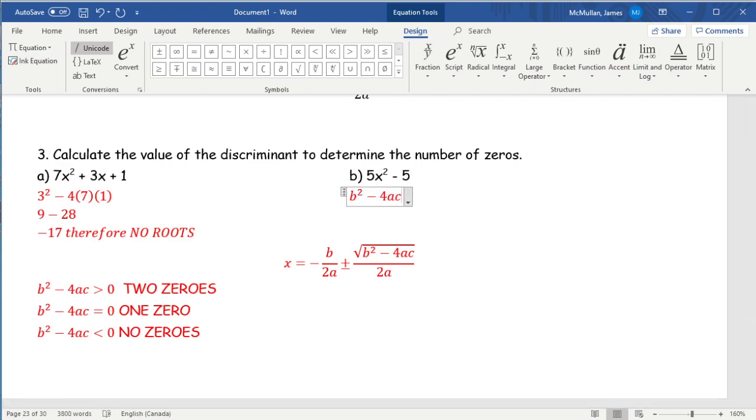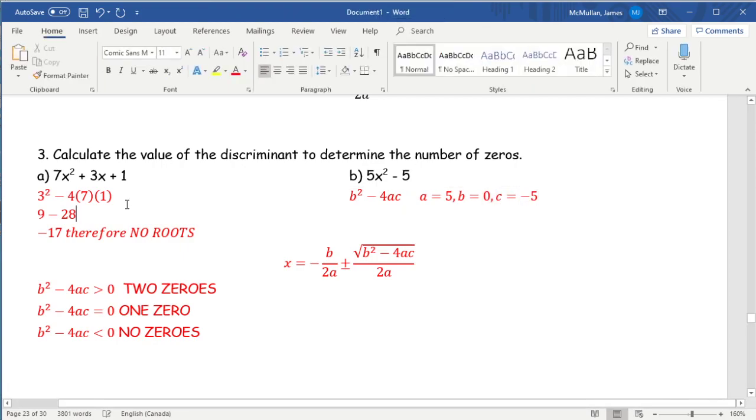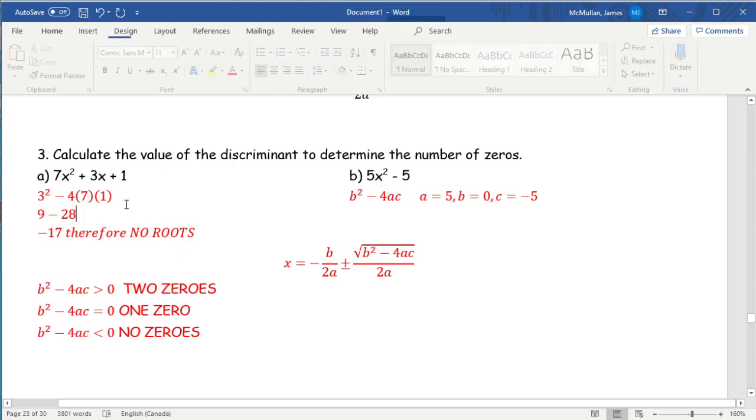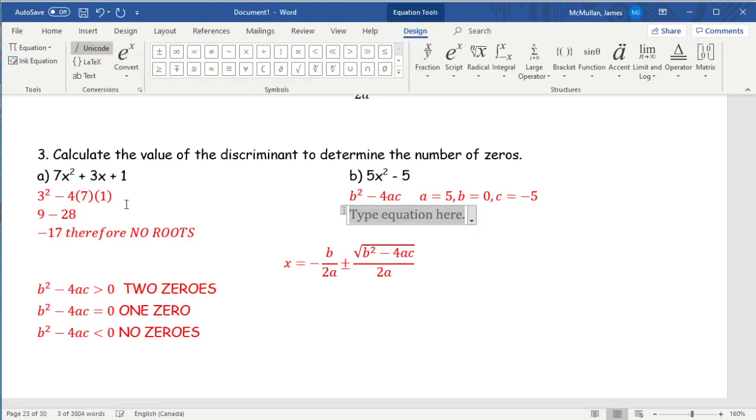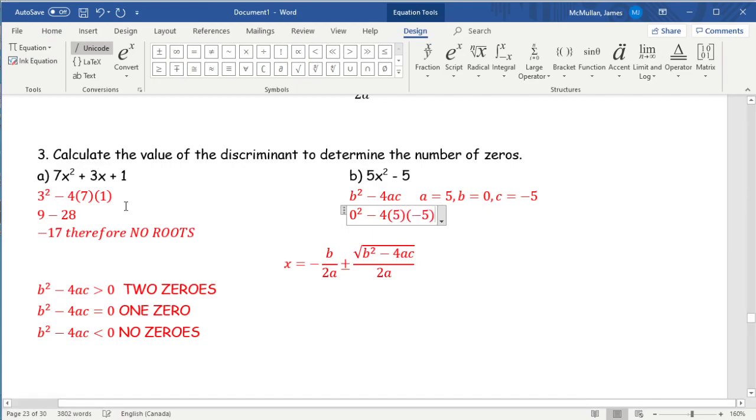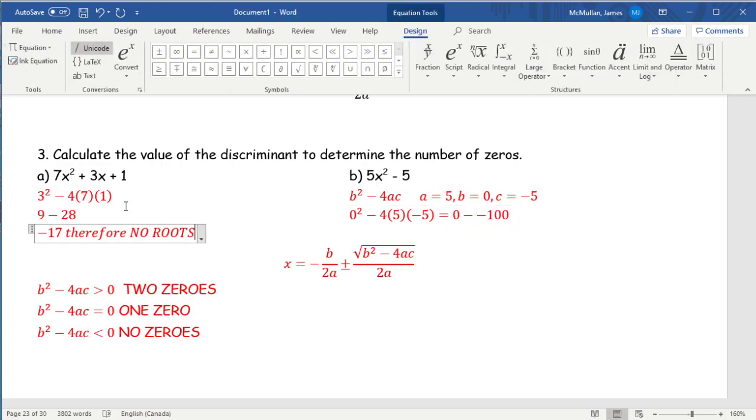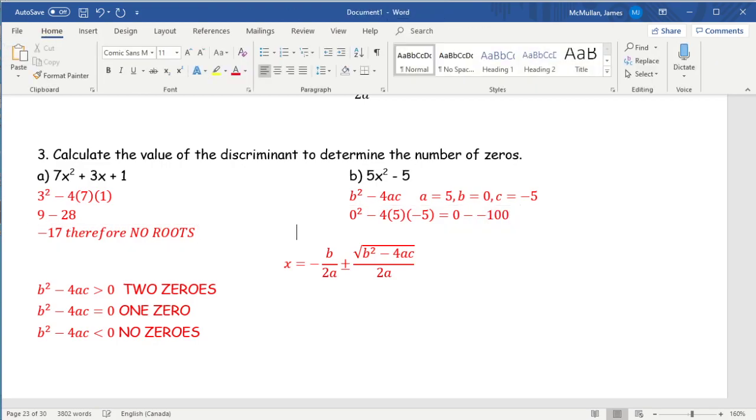b squared minus 4ac. Let's just write down what we know. a is 5, b is not there, so b is 0, and c is negative 5. So we're going to go ahead and actually calculate that. We get 0 squared minus 4 times 5 times negative 5, which is equal to 0 minus negative 100, which is equal to positive 100.